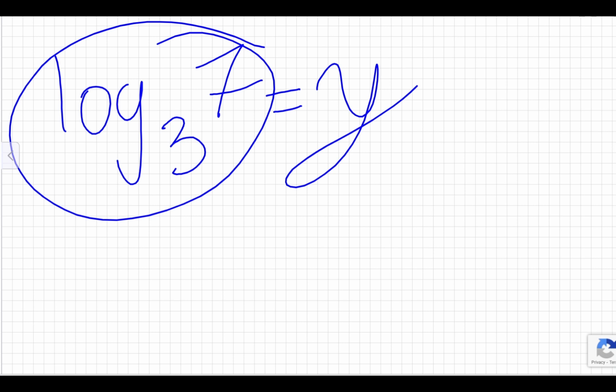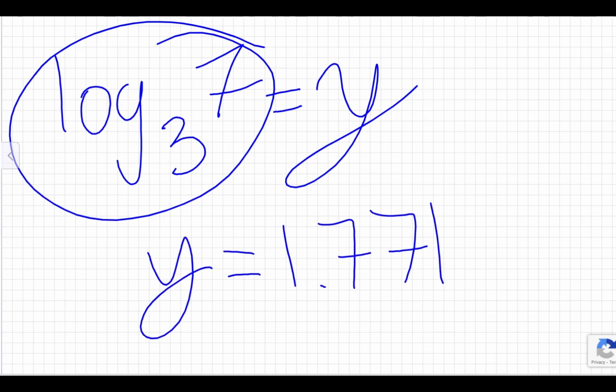To get the log base that we need, we click math, scroll down until we see the log base option, put 3, move to the right once, and put 7. It gives us the answer y equals 1.77124, and it goes on and on.